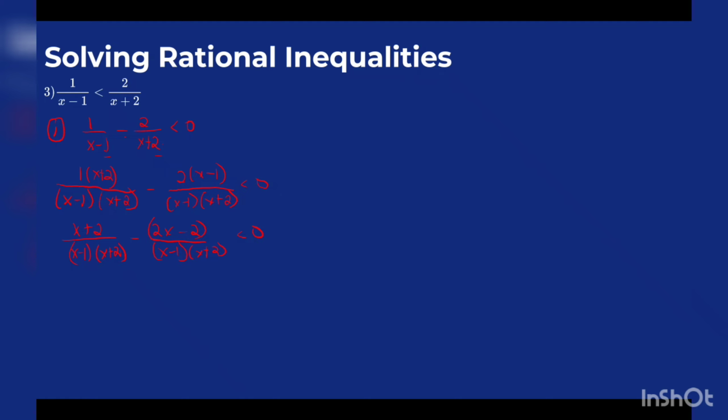Combine the numerator, that is x plus 2 minus 2x minus 2 all over the LCD, x minus 1 times x plus 2 is less than 0. Then use the keep change since this is subtraction.